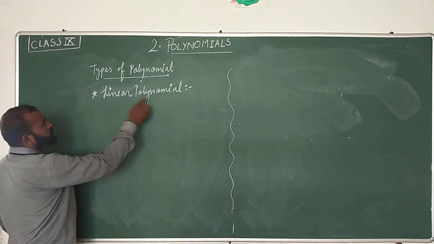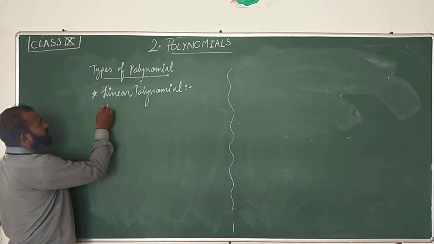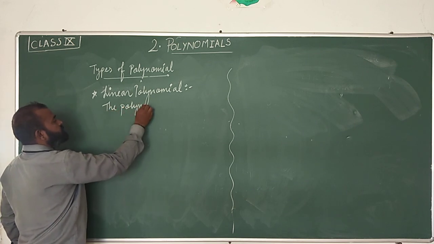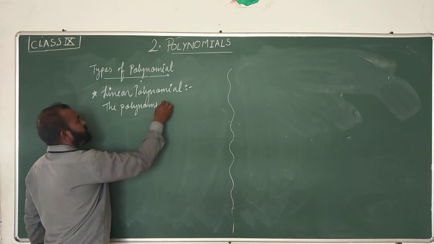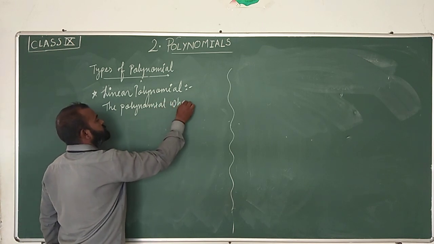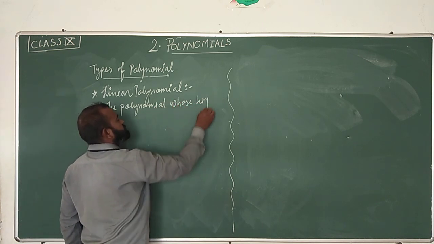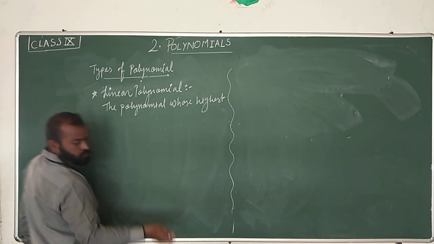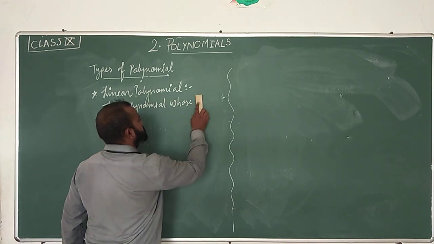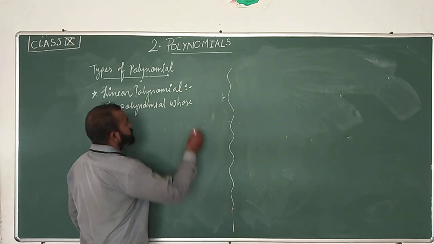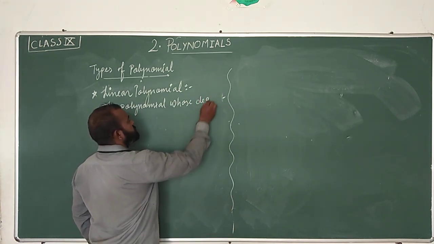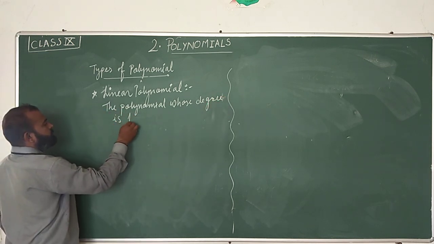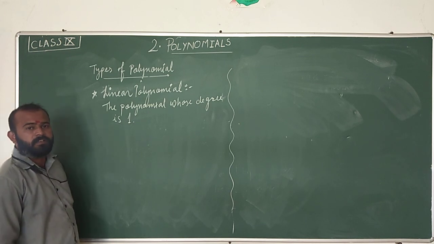So linear polynomial is the polynomial whose highest power or whose degree is 1, is called as linear polynomial.